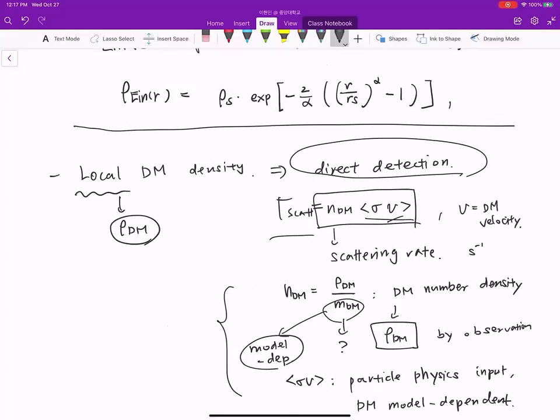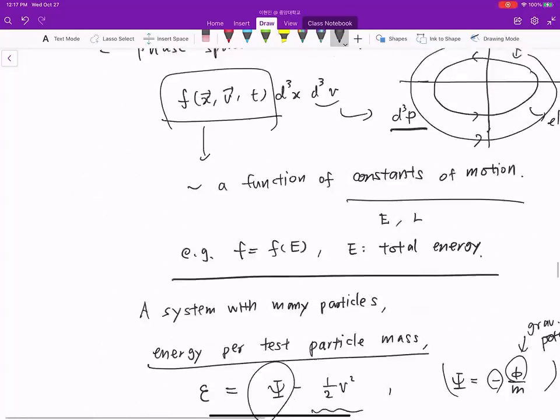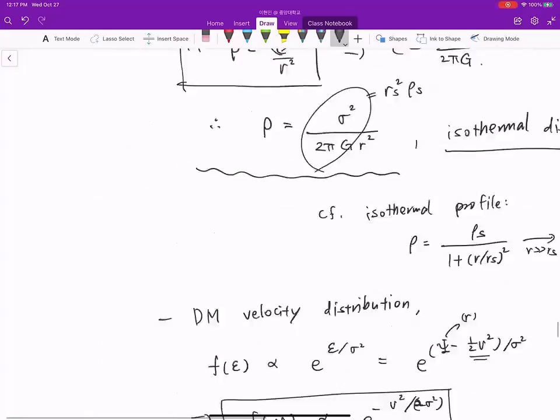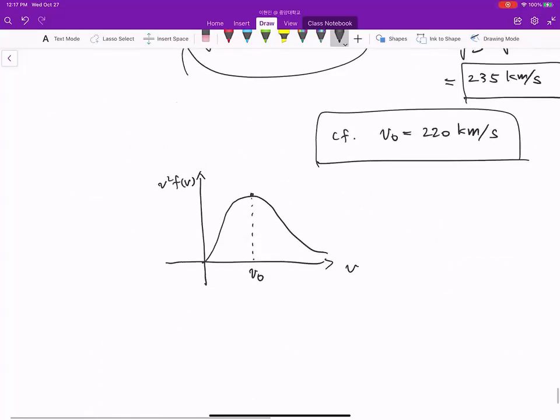So this V squared, in the end, you already know this Maxwell-Boltzmann distribution.